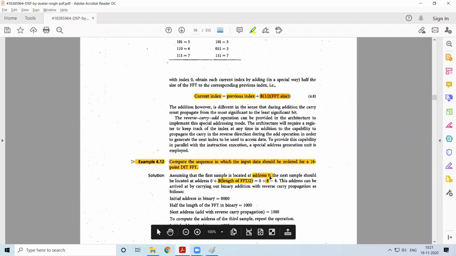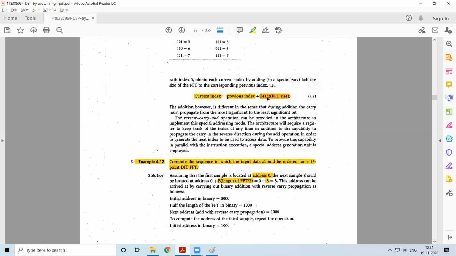If I assume that the first address is 0, then as per this rule, to identify the new index, that is the next or current index, I have to consider the previous index and add it to half the FFT size.